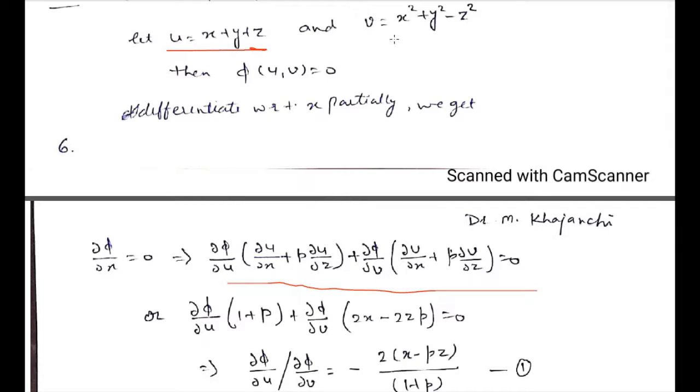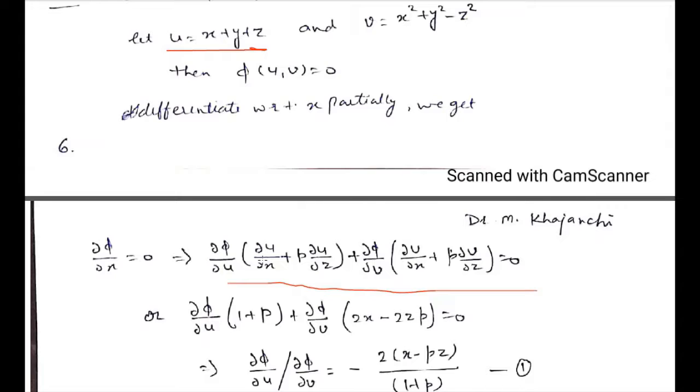When we differentiate v with respect to x, we get 2x. Differentiate v with respect to y, we get 2y. So putting the values of del u over del x and del u over del y here, we get del phi over del u times 1 plus p.